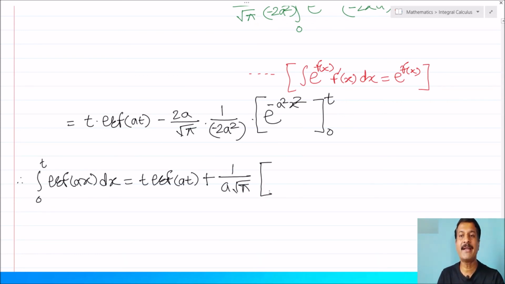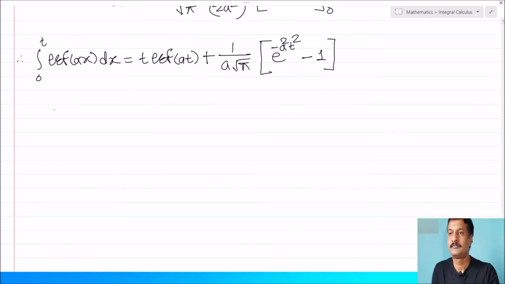Now upper limit minus lower limit. The variable x is replaced by the upper limit t, so I am getting e raised to minus a square t square, minus the lower limit, so x replaced by 0. So e raised to 0 is 1. Therefore, the required result is what?